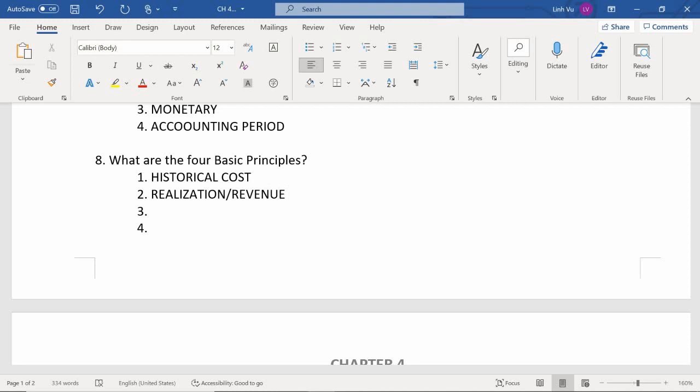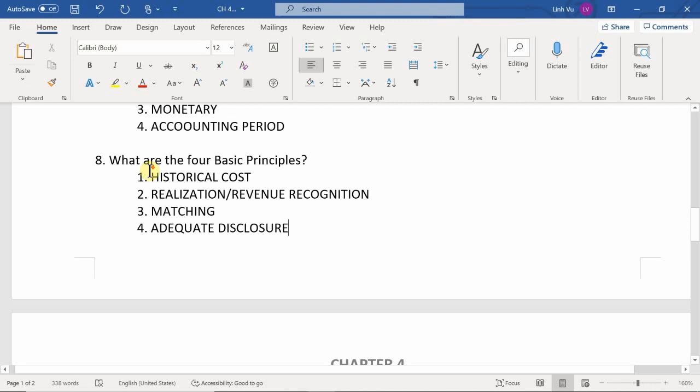Revenue recognition is more common than realization. Matching. And adequate disclosure.